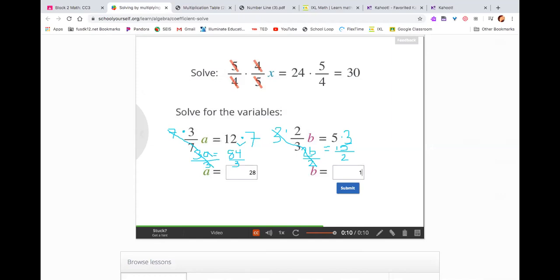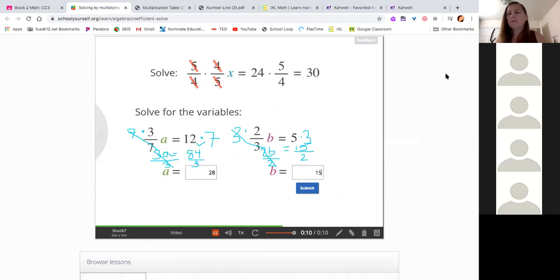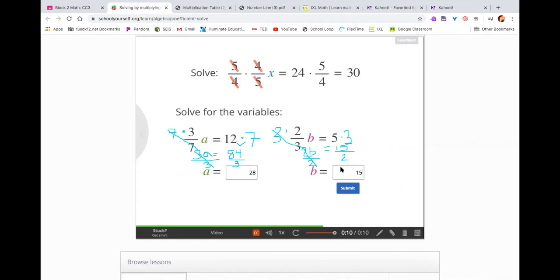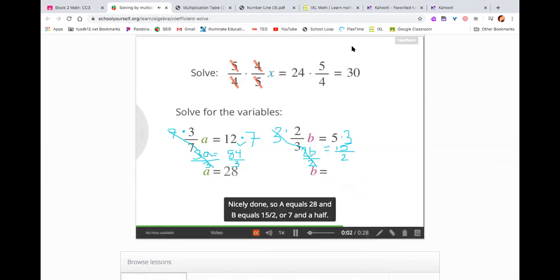Okay. Sorry, had to mute that. 15 divided by 2 stays the same. Good work. Nicely done. So A equals 28 and B equals 15 halves, or 7.5.